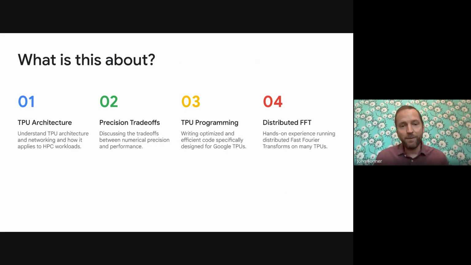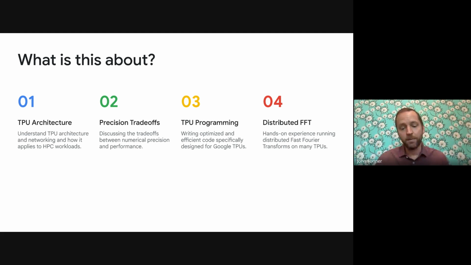So I get to talk about 4 things. I'll try not to rush too fast. I have plenty to cover. We'll talk about the TPU architecture, focusing really on one TPU at first, and then how they network together so that we can get many TPUs acting as a unit. We'll look specifically at precision. This is a very big topic in high-performance computing right now, as a lot of the accelerators that we use, both GPUs and TPUs, are prioritizing lower precision because of the trend for AI utilization.